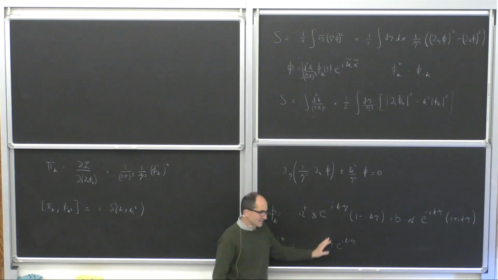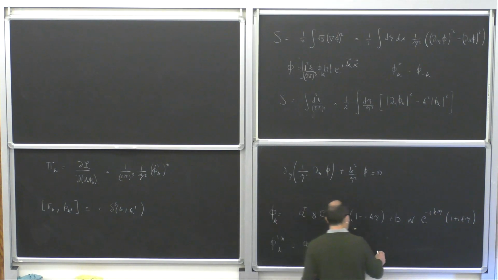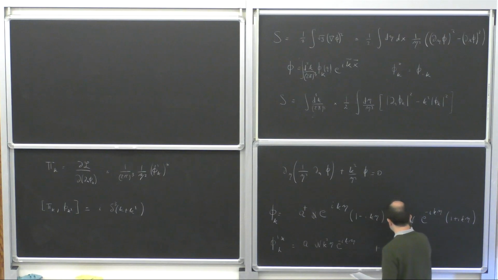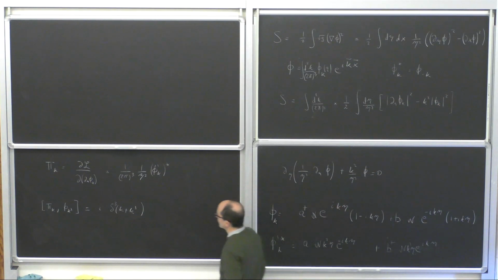So there is this normalization constant n, and we have A, and we are doing the complex conjugate, so we have minus, and that's why we have this. And here we get the same thing, but B dagger, eta, e to the i k eta, k squared n. Okay, so we have these two things.